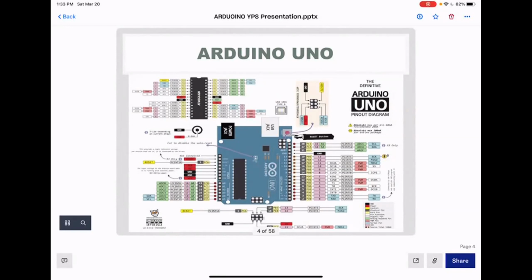And you really wanna know the analog pins, which is 0 to 5, 6 of them. And you wanna know where the ground is, and the 5 volt, 3 volt supply. And you wanna know how to connect to your computer with a USB jack. Usually when you buy your Arduino, it comes with a serial cable, and you can connect it to your computer to upload your sketches or code, whatever you want to call it.